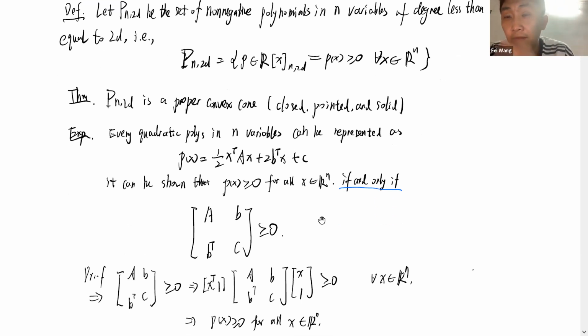It can be shown that this polynomial p(x) is non-negative if and only if the matrix [A, b; b^T, c] is positive semi-definite.